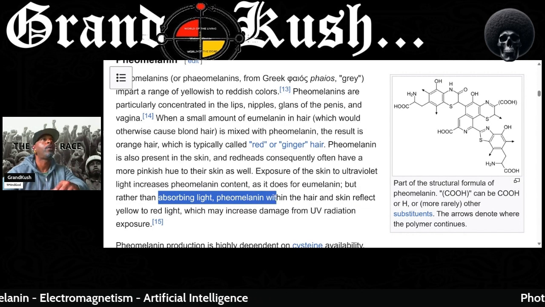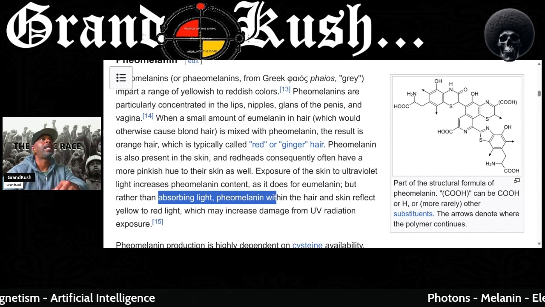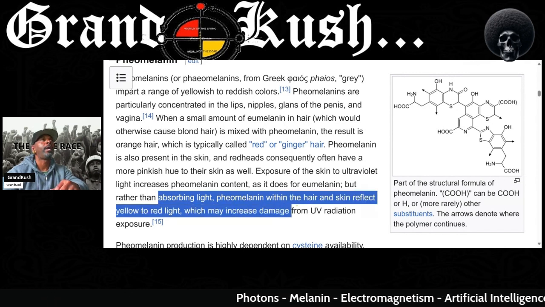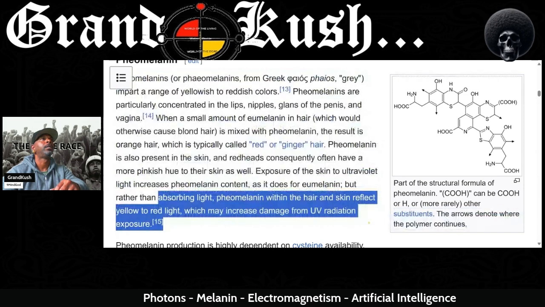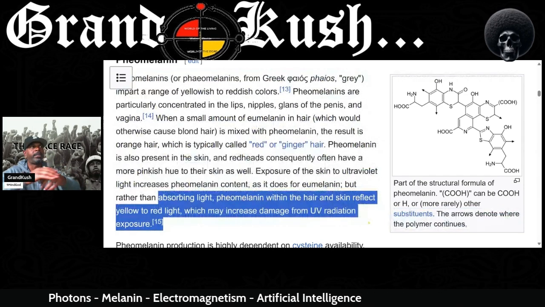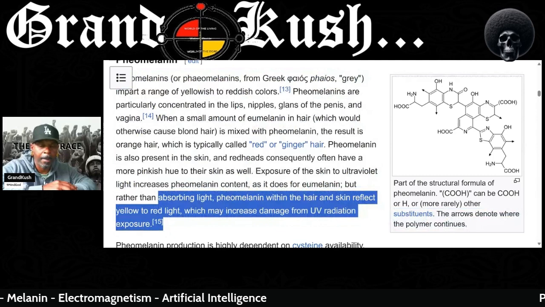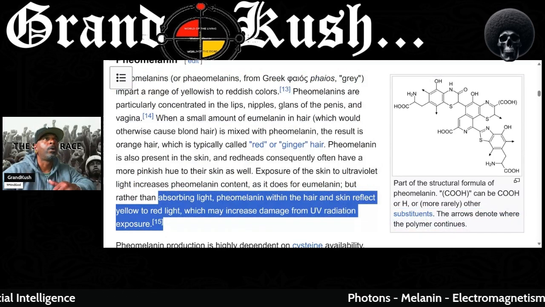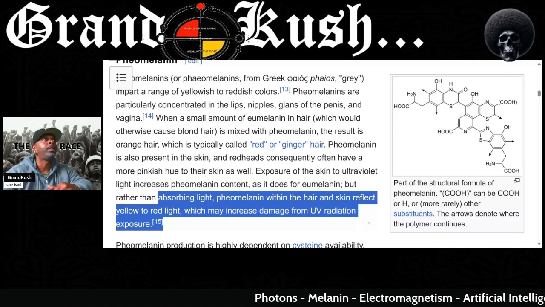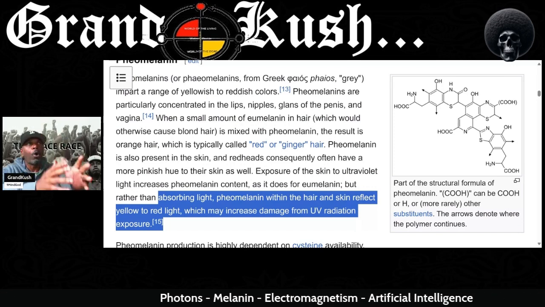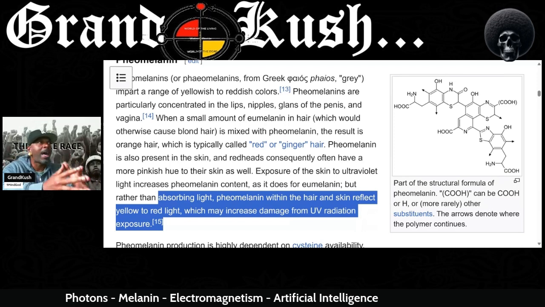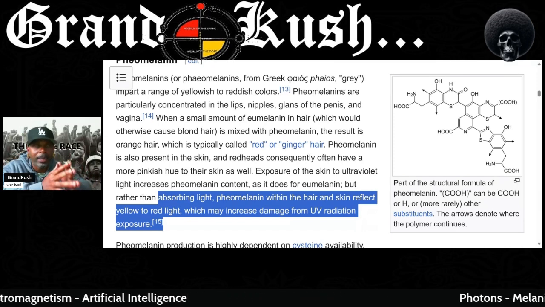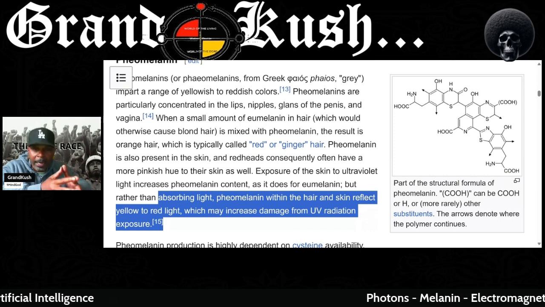Rather than absorbing within the hair and skin, it reflects yellow to red light, which may increase UV radiation exposure.